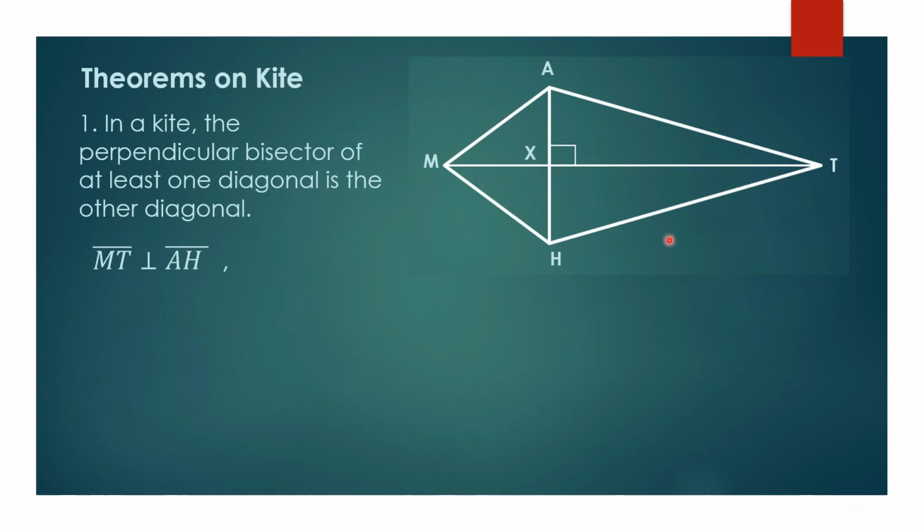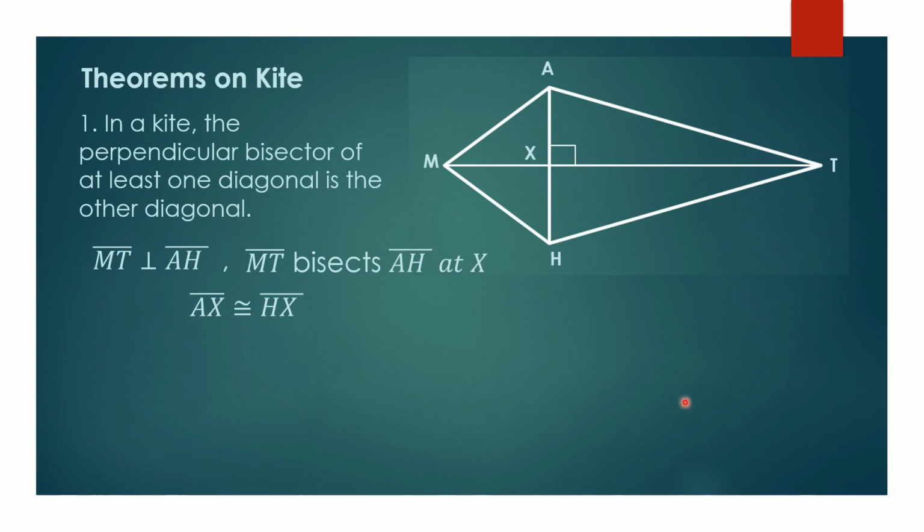In the figure, segment MT is perpendicular to segment AH, and segment MT bisects segment AH at X. Therefore, segment AX is congruent to segment HX. So in this case, segment MT is the perpendicular bisector of diagonal AH.